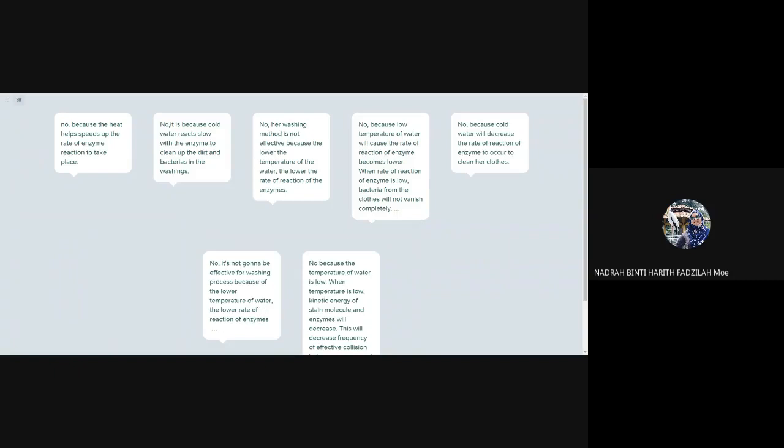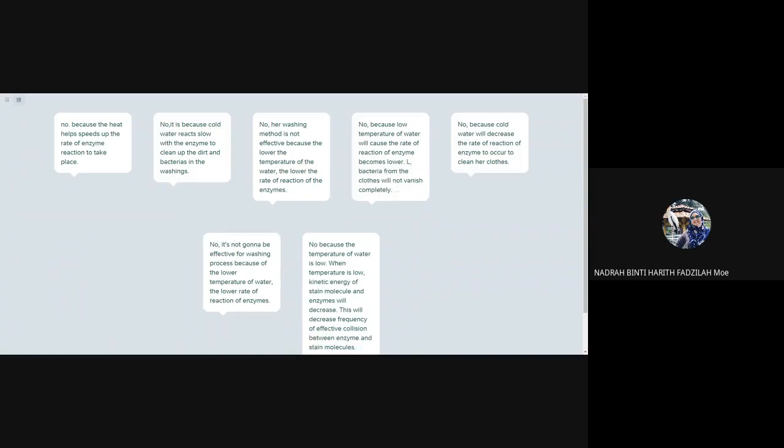So kalau kamu diminta untuk explain dengan lebih lanjut, kita boleh argue dari segi kinetic energy, macam idea Batrisha, sorry. Betul lah.